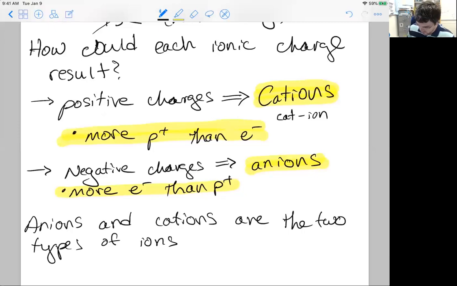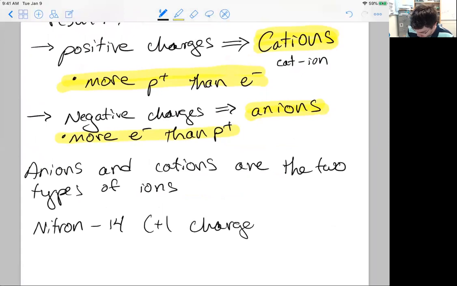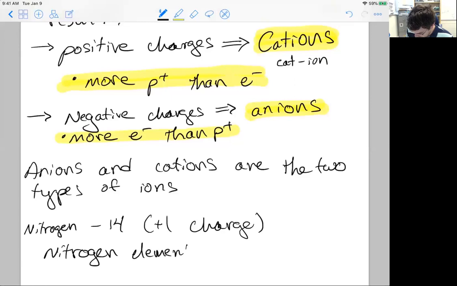Okay, let's look at a few examples of these before we end the lecture. Let's look at nitrogen 14 with a +1 charge. So nitrogen, according to our periodic table, is element 7. It has an atomic number of 7, which means it has 7 protons.